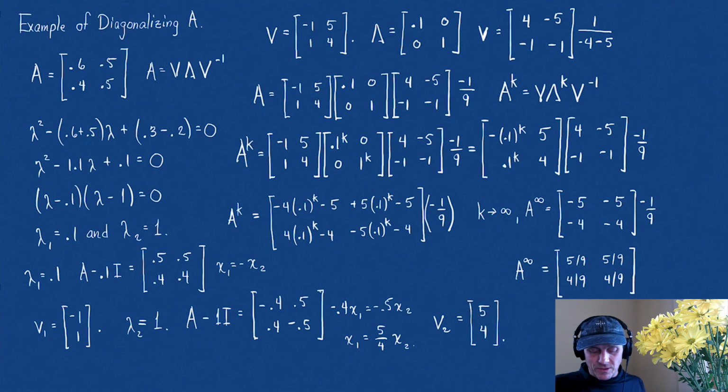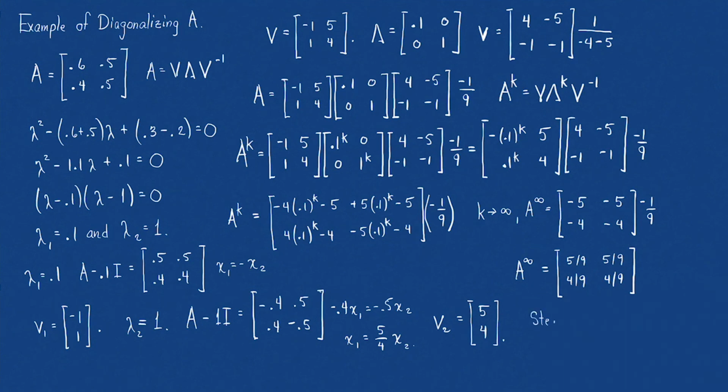So whatever this is describing, the steady state is 5/9 of one and 4/9 of the other. This is the steady state. And it's the motivation for why we want to diagonalize a matrix, because now we know in advance whether a system is going to reach an equilibrium or if a solution will not have an equilibrium.